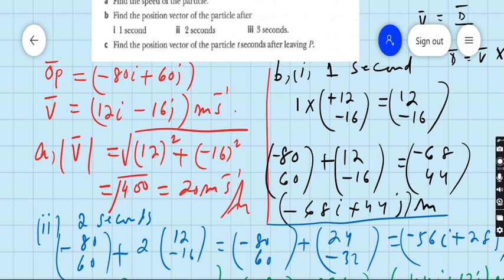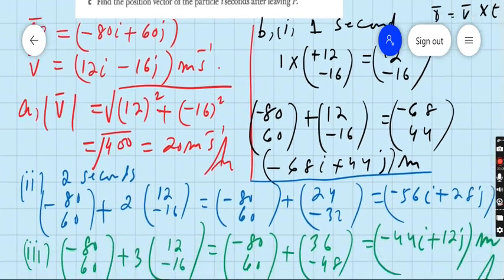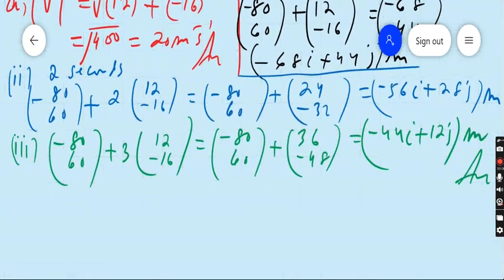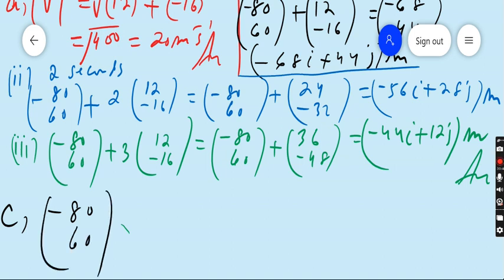Now part C, find the position vector of the particle t seconds after leaving P. It's very easy. Just we make the formula. Our initial vector is minus 80, 60. First we use 1 into 12, minus 16, then we use 2, then 3.